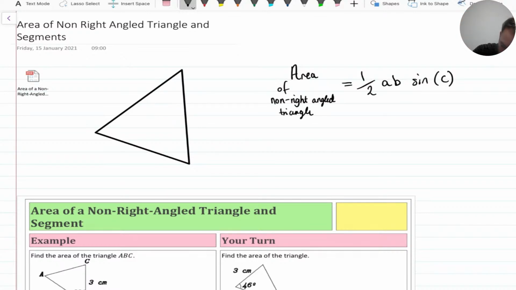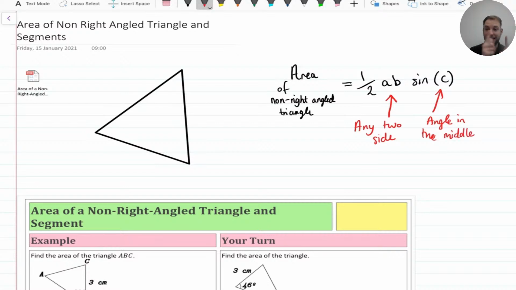Now I'm just going to put a little note on this because the A and B stand for any two sides as long as C is the angle in the middle. So this is any two sides as long as this is the angle in the middle.